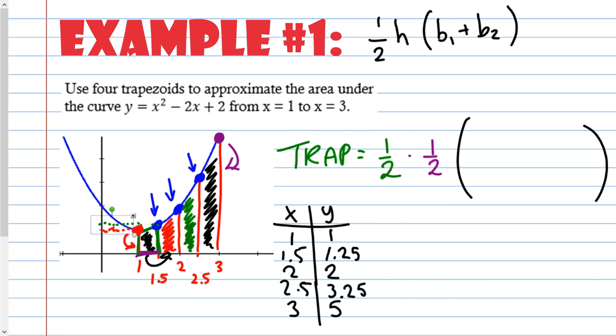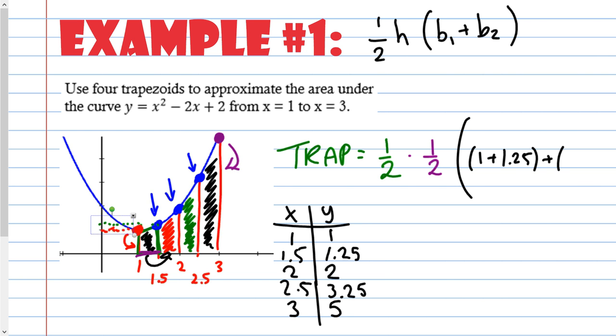So in doing base 1 plus base 2, I'd be doing 1 plus 1.25. That would be my first one. And of course, I don't have space, so I'm going to have to do this on the next line. Then I would add the base 1 and base 2 for the next trapezoid.